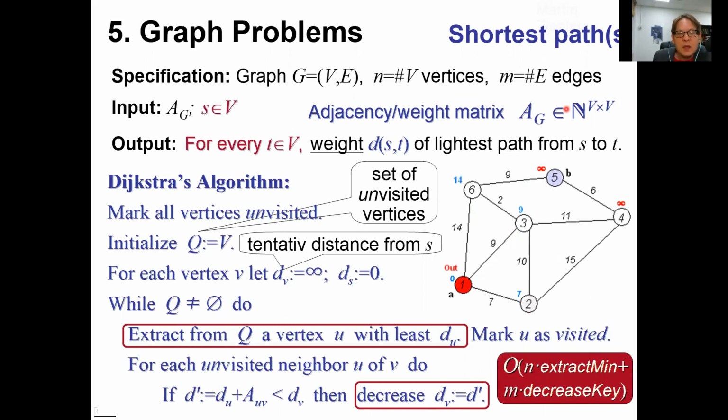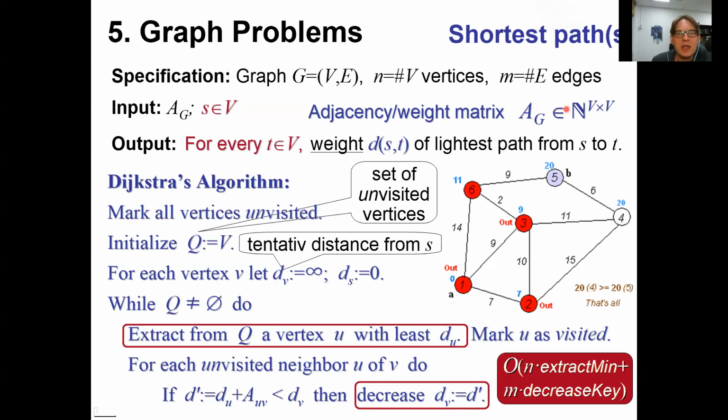So the performance that we analyzed here of Dijkstra's algorithm is asymptotically n times the cost of an extract min operation plus m times the cost of a decrease key operation. And what is the cost of extract min and what is the cost of decrease key? That depends on how the priority queue is implemented.